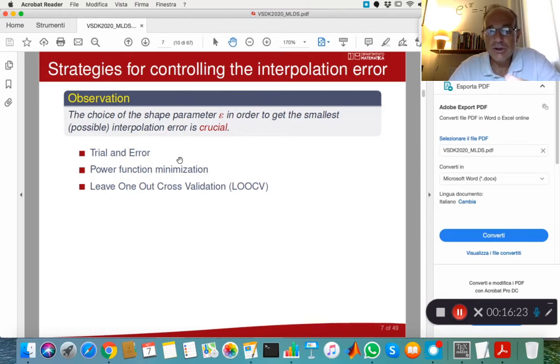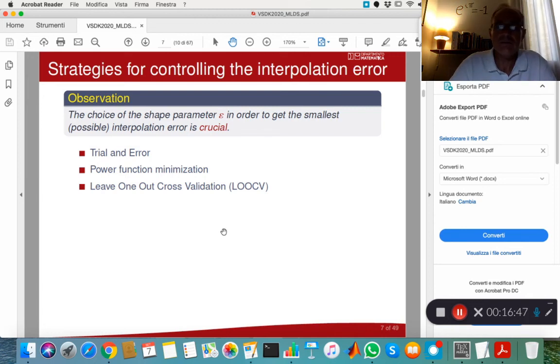Let's say you change your shape parameter, then you compute your error, and then you get a list of errors depending on the shape parameter, and then you can decide where the error is minimum, and in correspondence to the shape parameter that gives you the minimal approximation error, you say that is the best that I can take.